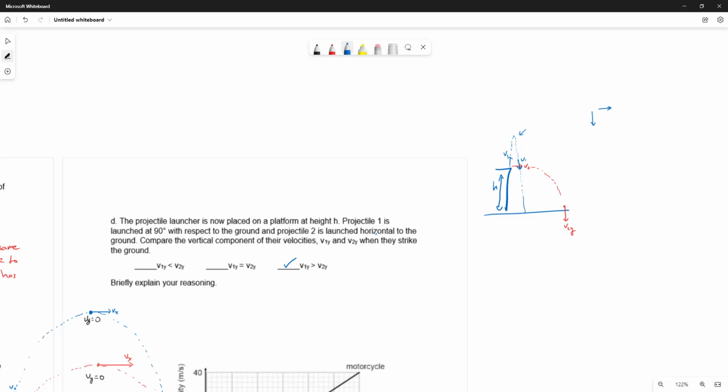So at height h, when projectile 1 is coming down, it has a greater velocity than projectile 2 had at that same height.